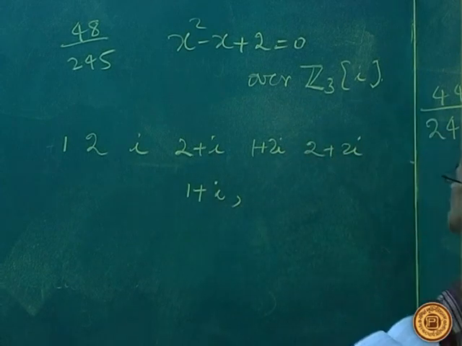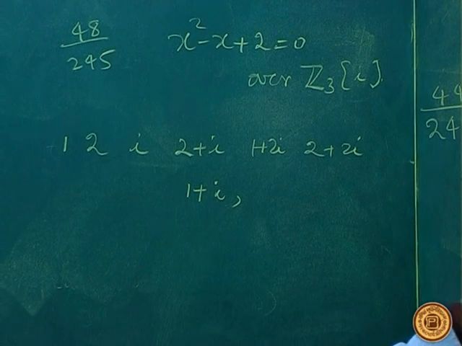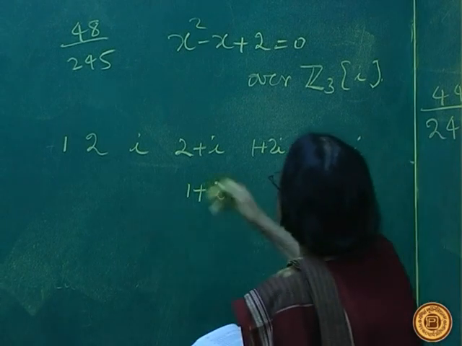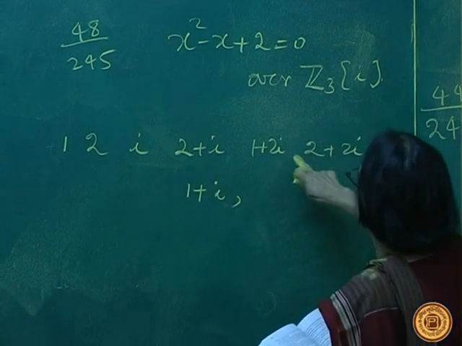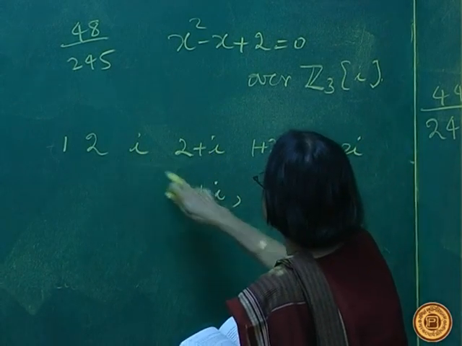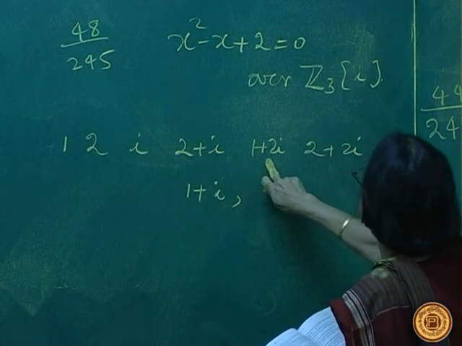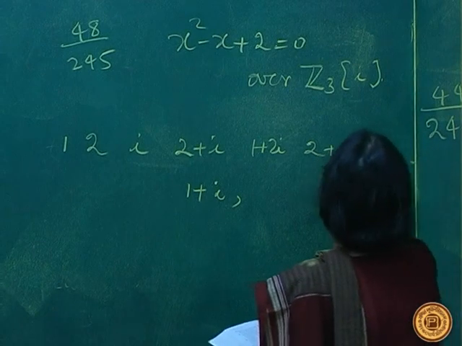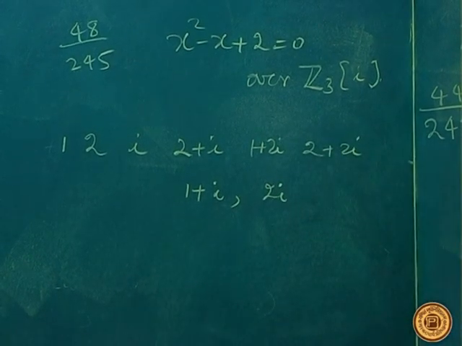Something is missing. Only 0, 0 is not allowed, but okay. 0 plus i, 1 plus i, 2 plus i. Yes, 0 plus i, 1 plus i, 2 plus i. Then 1 plus 2i, 2i is missing. 0 plus 2i. So that makes it all 8.